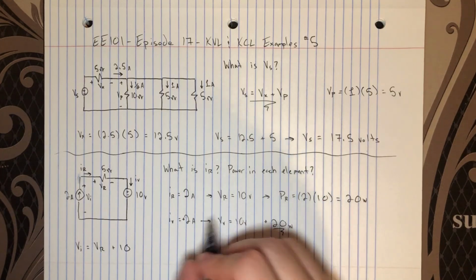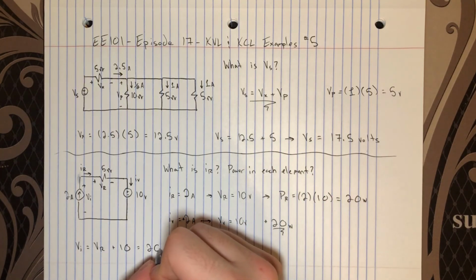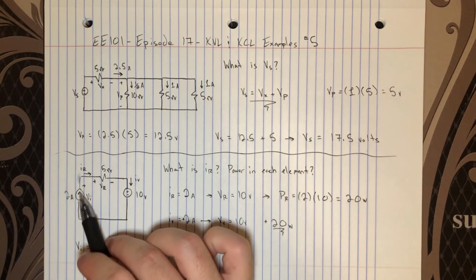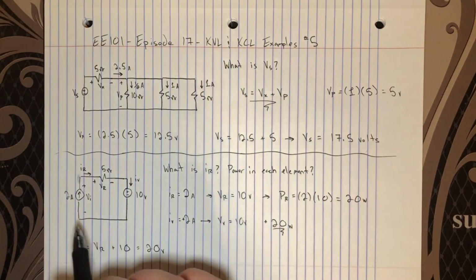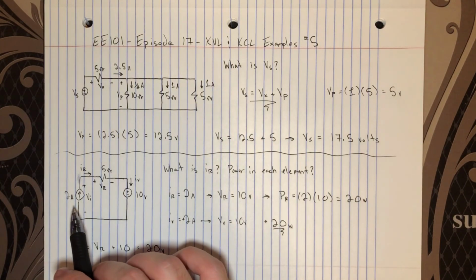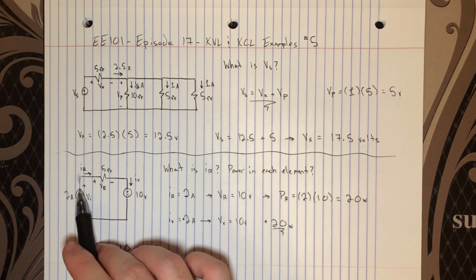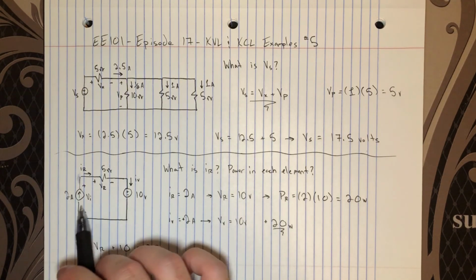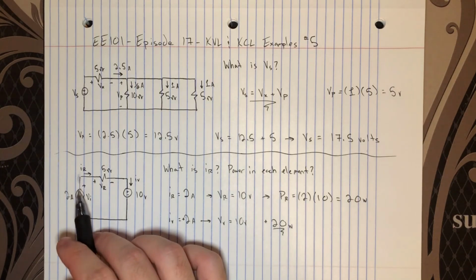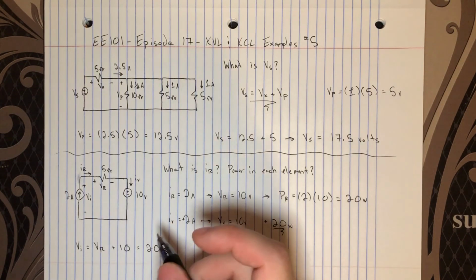And we know VR to be 10, so we have 20 volts across the current source. And now we've reached our convention for a power source. We have current leaving the positive terminal of this current source, and therefore it really is sourcing power. So I'm going to say it's a negative current in the power calculation.